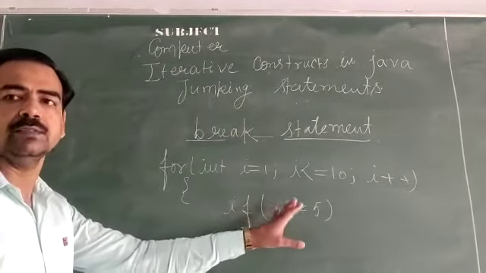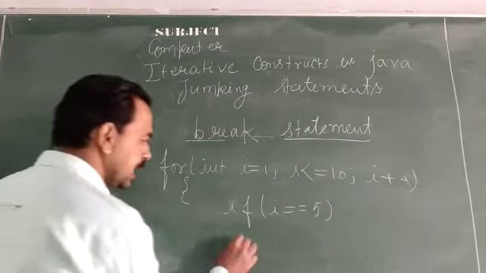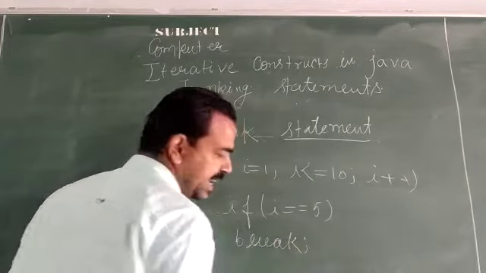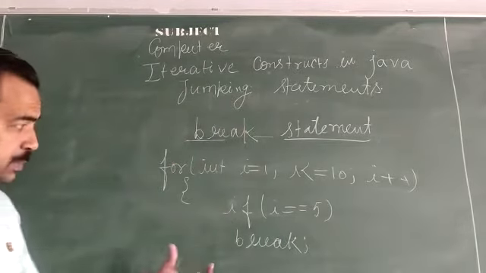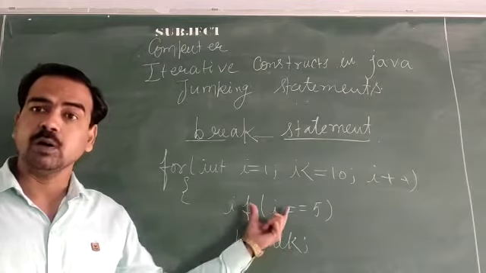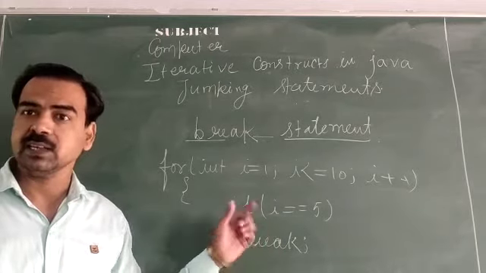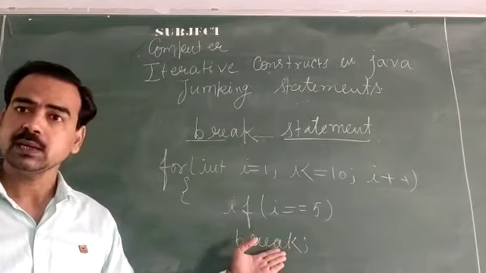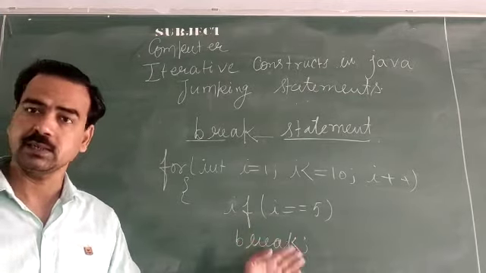If the value of i is 5, then what happens? Break. Remember, if there is only one statement inside the if block, we can skip the curly braces. So we have put the break only, no need for curly braces.